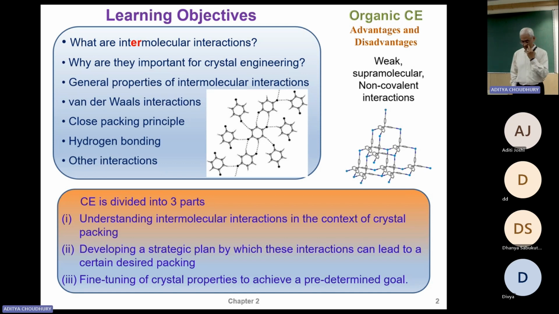An organic crystal, I think I mentioned to you, is a collection of molecules in the solid that becomes a molecular crystal. What is there is weak interactions, and because they are all very discrete in nature, it has advantages as well as disadvantages. What are the advantages? As I mentioned, this is nothing but weak interaction, supramolecular interaction, non-covalent interaction.